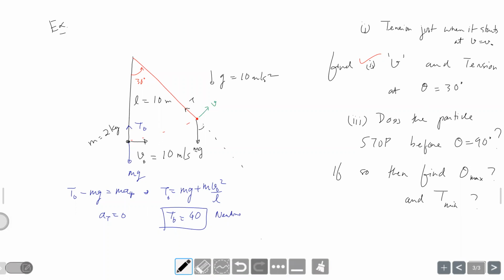So the particle now has this centripetal acceleration, and this time it also has a tangential acceleration.